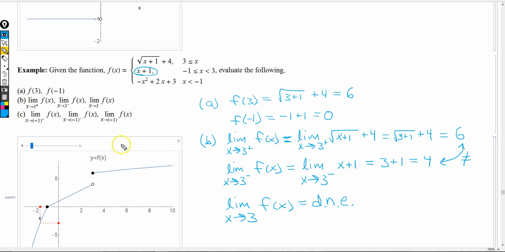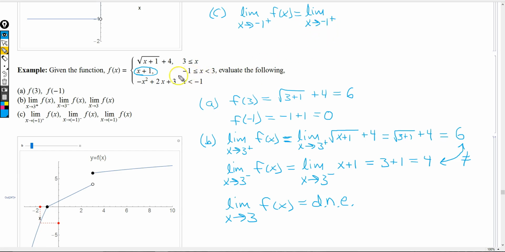Now let's take a look at the limit as x approaches -1 from the right, left, and the full limit. So let's see, we'll do that up here. Part C, limit as x approaches -1 from the right. Now if x is approaching -1 from the right side, that means x is a little larger than -1.